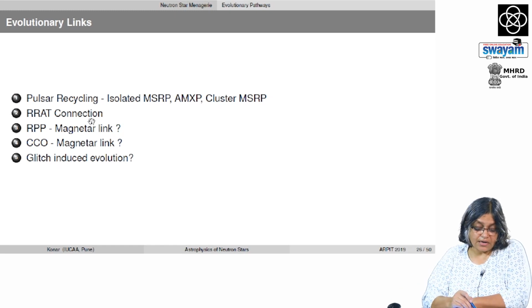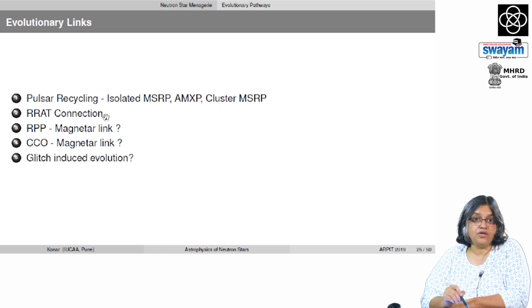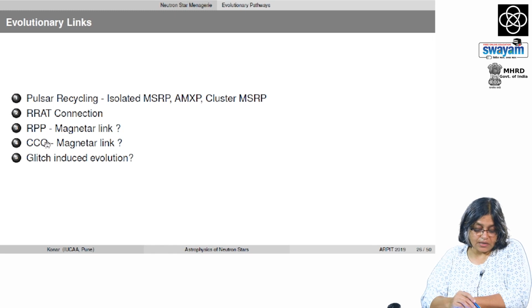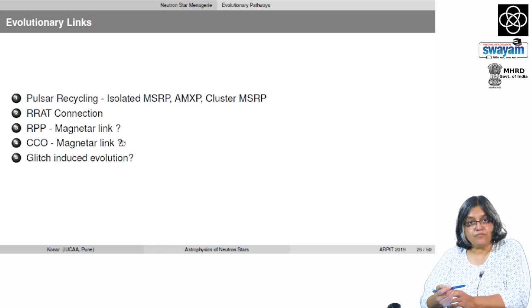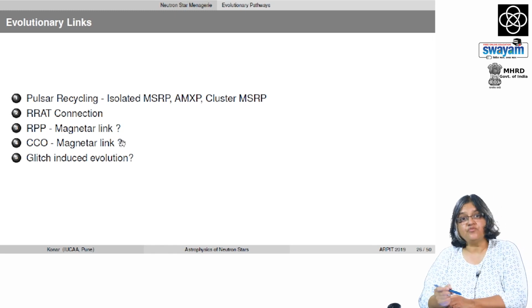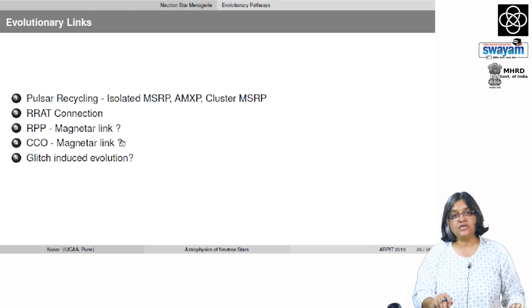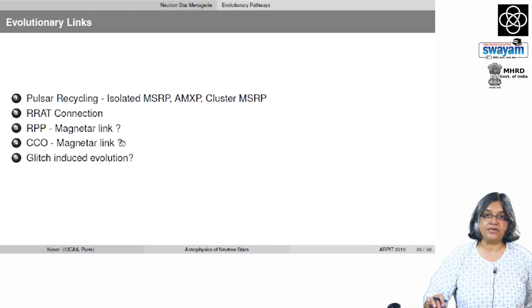We do not understand the RRAT connection to any of these. We do not understand whether ordinary rotation powered pulsars and magnetars are connected via an evolutionary channel, whether the CCO to magnetar link really exists or there is no such link, and if there is any glitch induced evolution of the magnetic field.